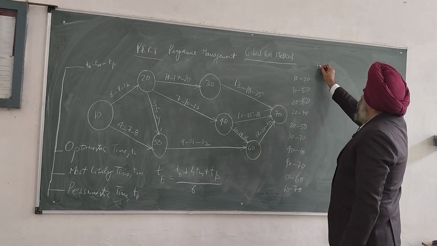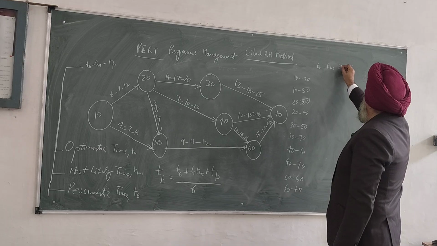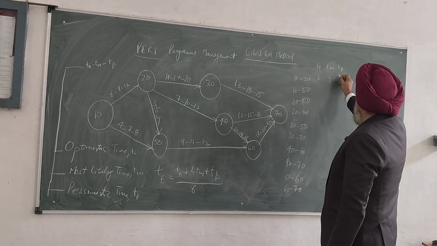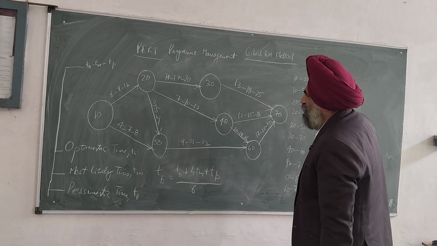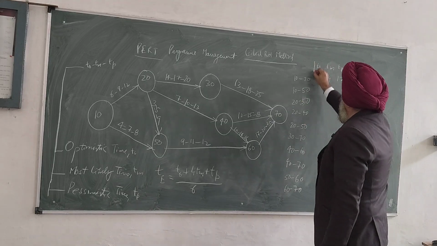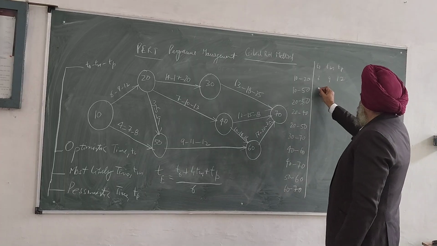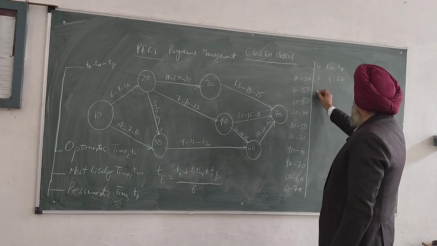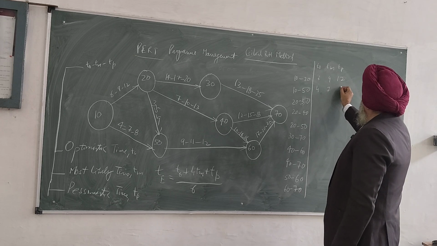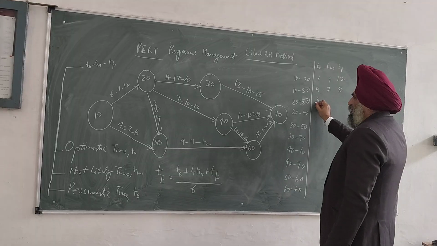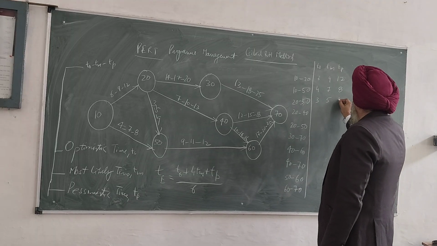So this is the time given to us: TO, TM, TP. 6, 9, 12 is given to us. So for 10 to 20, we'll write down a few of them. Then 10 to 50, it is given: 4, 7, 8. 20 to 30, it is given: 3, 5, 9.